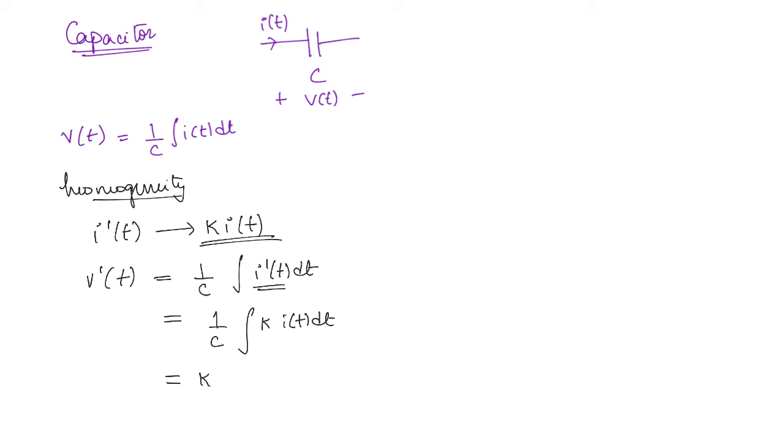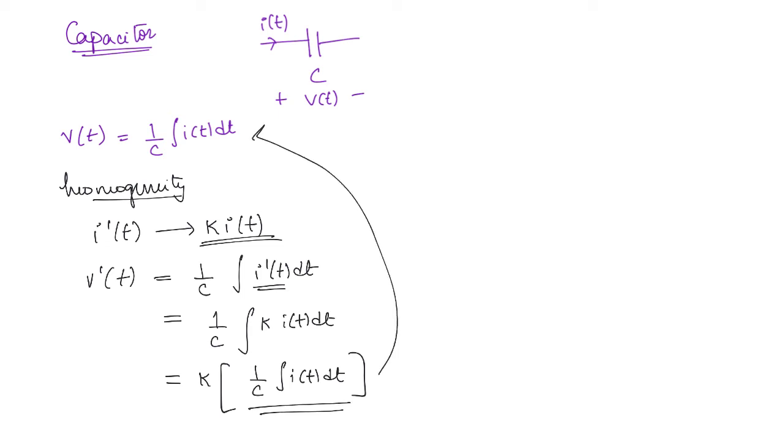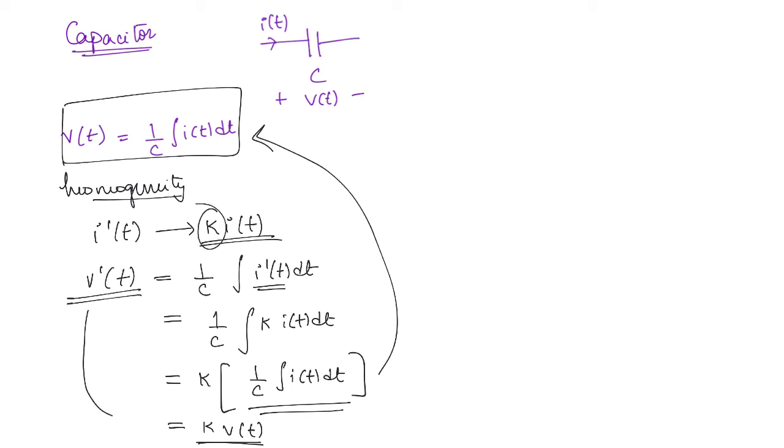So you will get k times 1 by C integral I of t dt. So what is this expression? This is nothing but the old voltage V of t. So this will be equal to k into V of t. So for a current which is multiplied by some constant k, you're getting a voltage which is also multiplied by constant k.